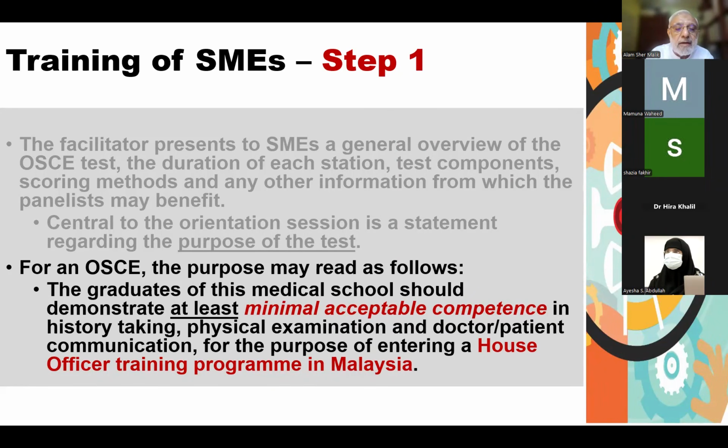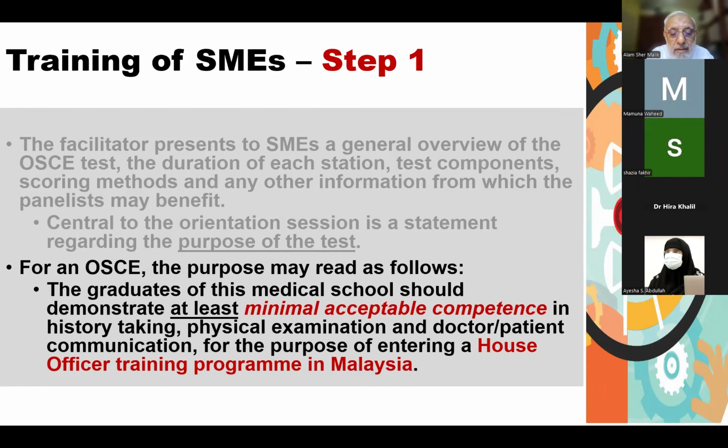Now, if we are talking about the exit examination, this statement says that the graduates of my medical school should demonstrate at least minimal acceptable competence. If they do not demonstrate this, they should not graduate. And the minimal acceptable competence is in the areas of history taking, physical examination, and doctor-patient communication.